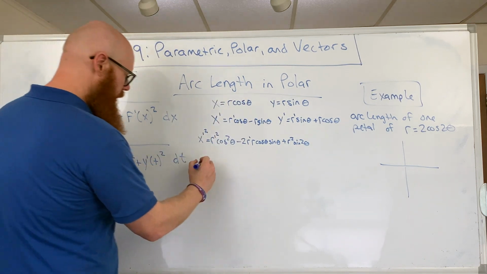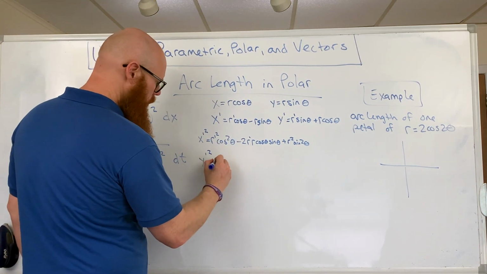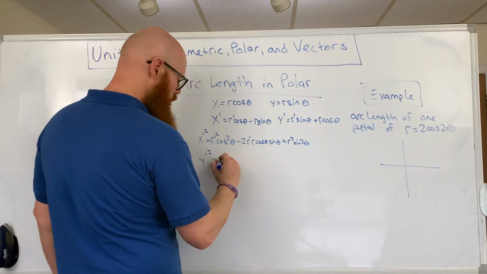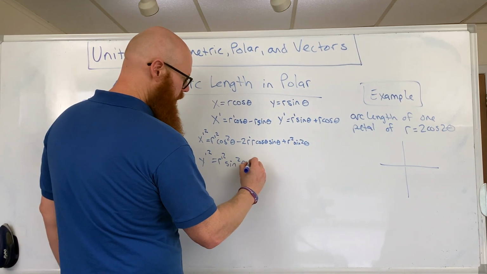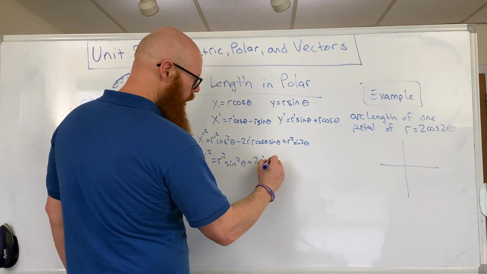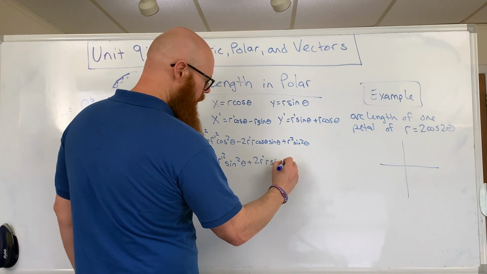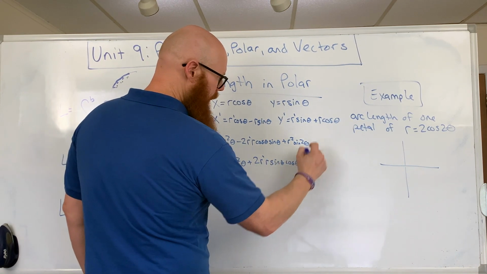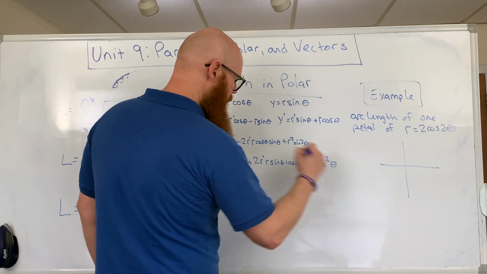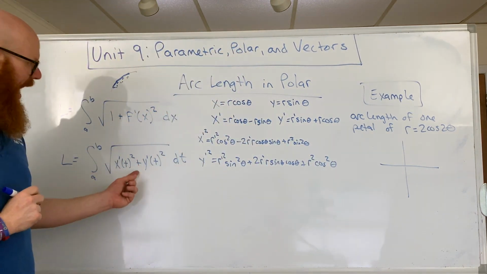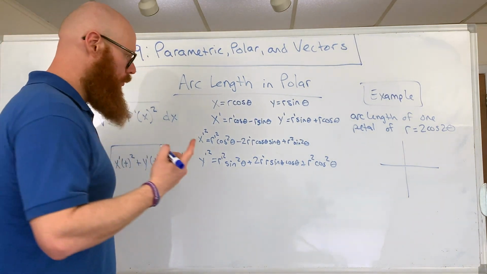Then I'm going to go down here and do y prime squared. Well, y prime squared is just r prime squared sine squared theta. Then it's going to be plus 2r prime r sine theta cosine theta. Then finally, the last one squared is r squared cosine squared theta. And then it tells me to add them together. Well, something cool happens here.